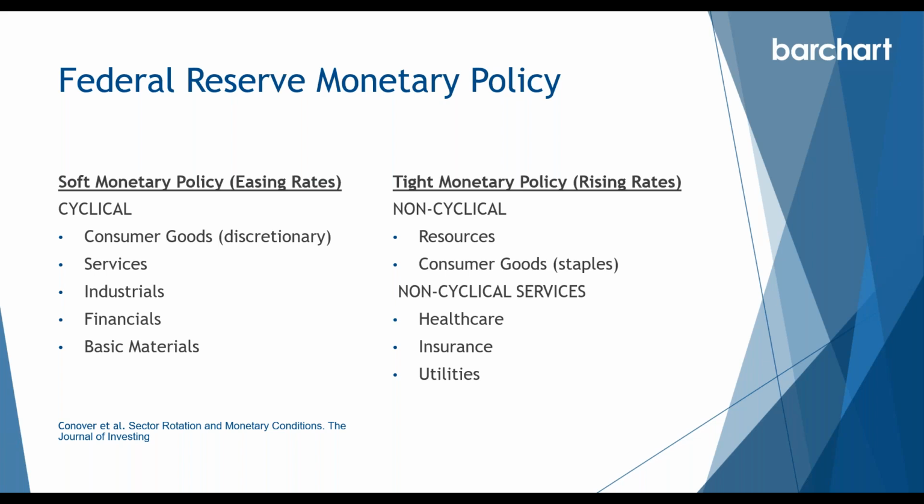So resources, again, I think that would be that outlier of our materials and maybe some of our industrials. But consumer staples, right? Consumer goods. We noticed that in the opening. Our non-cyclical services. Now, non-cyclical services could be a wide range of industries: healthcare, insurance, utilities.